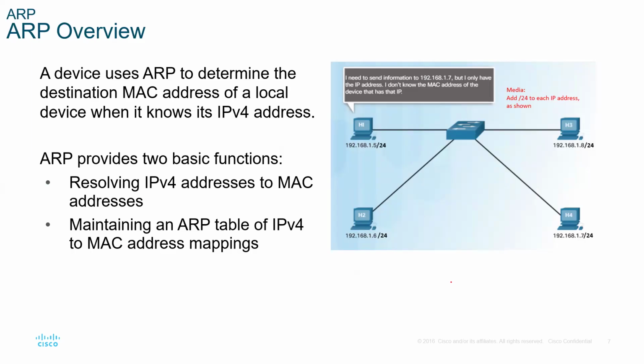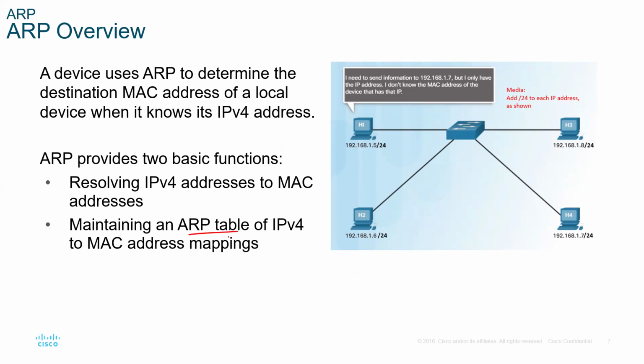So if we know the IP address, then we can resolve the MAC address of a device with that. What is the MAC address of a device with that IP? And ARP provides two basic functions for that: resolving IPv4 addresses to MAC addresses and maintaining an ARP table of IPv4 to MAC address mappings.